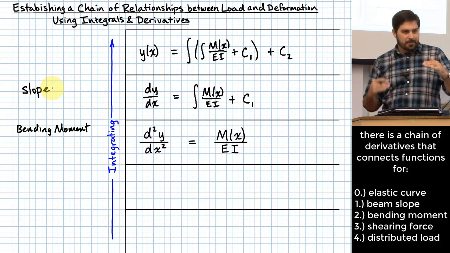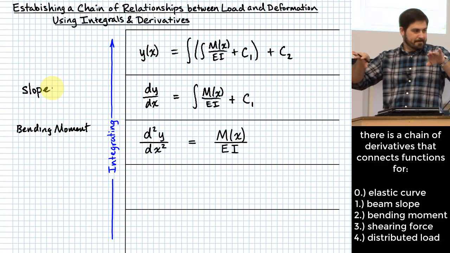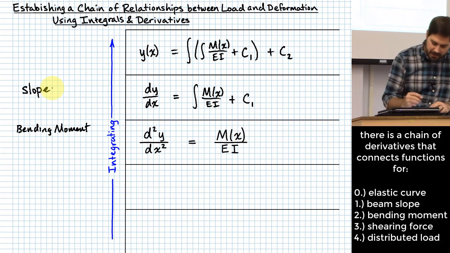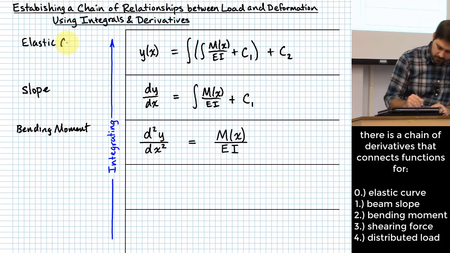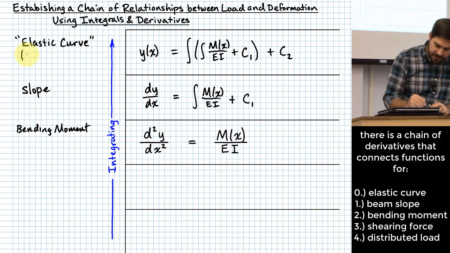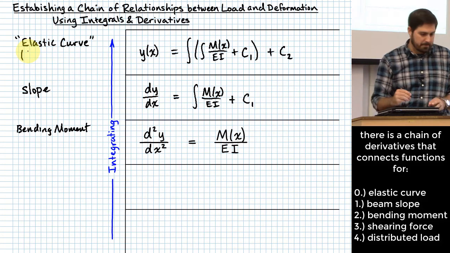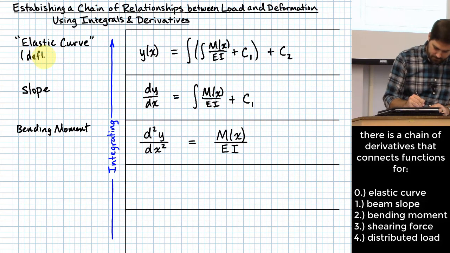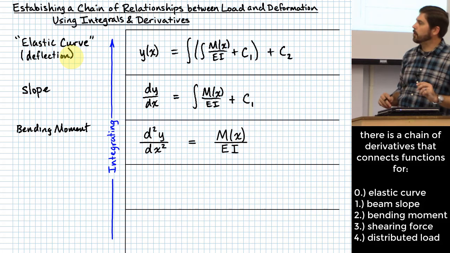So, integrating bending moment once gives me slope of the beam. Integrating again gives me, what I called it a second ago, the elastic curve. Right? Which is basically, sometimes we call this a formula for the deflection of the beam. Okay? Good stuff so far.